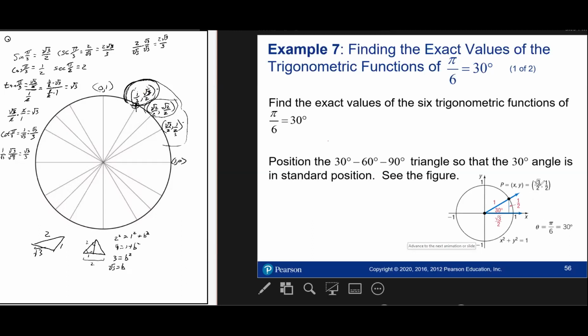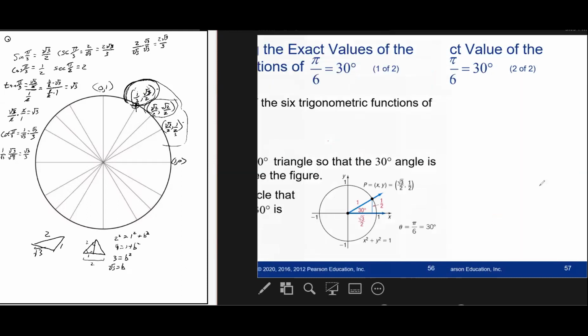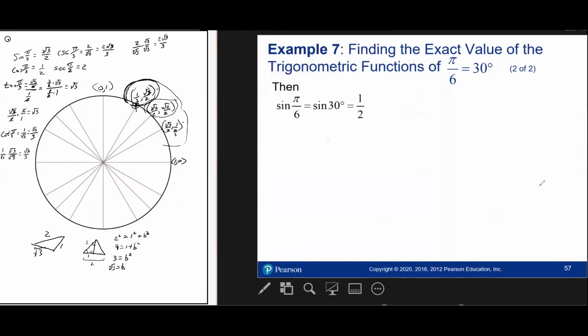There it goes. Okay. So our point now is the square root of 3 over 2 and 1/2. So sine is the 1/2, which is the same as the cosine of 60.